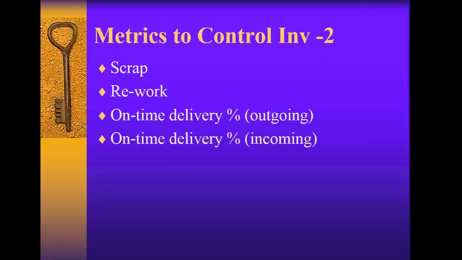So, on-time deliveries outgoing, on-time deliveries incoming. If we're having a problem with the manufacturer, and the manufacturer for these component parts is not delivering on time, we need to understand this from a number of perspectives. It may not be the manufacturer's fault.